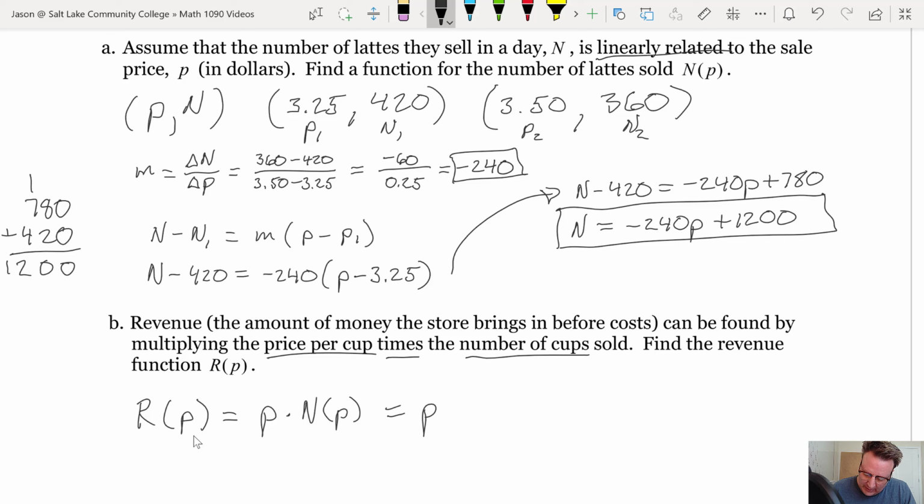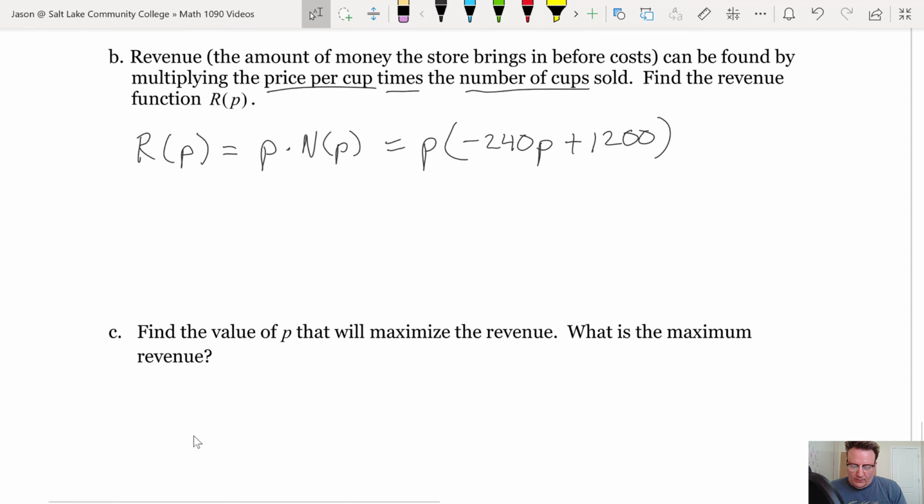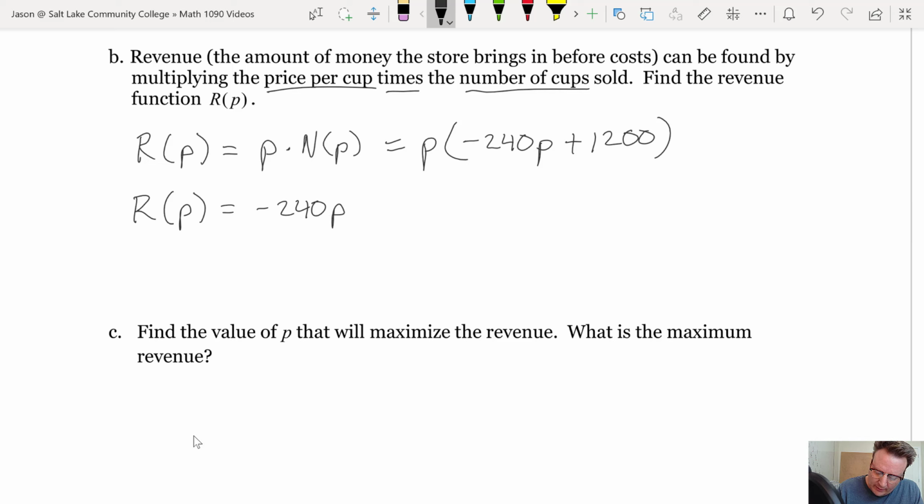So this is going to be P times negative 240 P plus 1200. All right. So there's our revenue function. Let's write it in standard form, or general form. We get negative 240 P squared plus 1200 P.